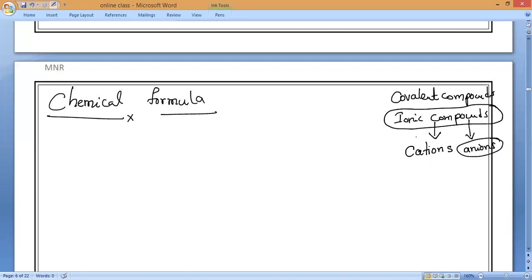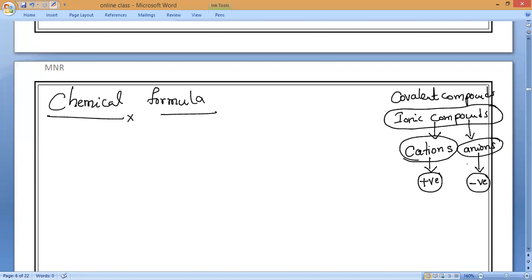Unless you know the cations as well as anions, we will never be able to write the chemical formula of ionic compounds. Remember, cations always carry a positive charge and anions always carry a negative charge.